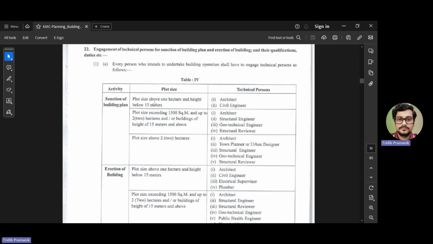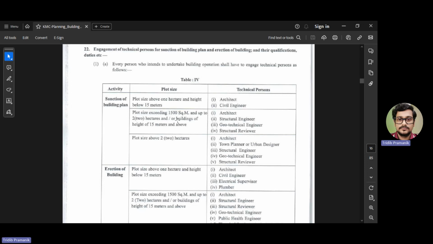For any building plan within a plot size of 1 hectare and a building height up to 15 meter, we need to take signatures from these technical persons: the architect and the civil engineer.